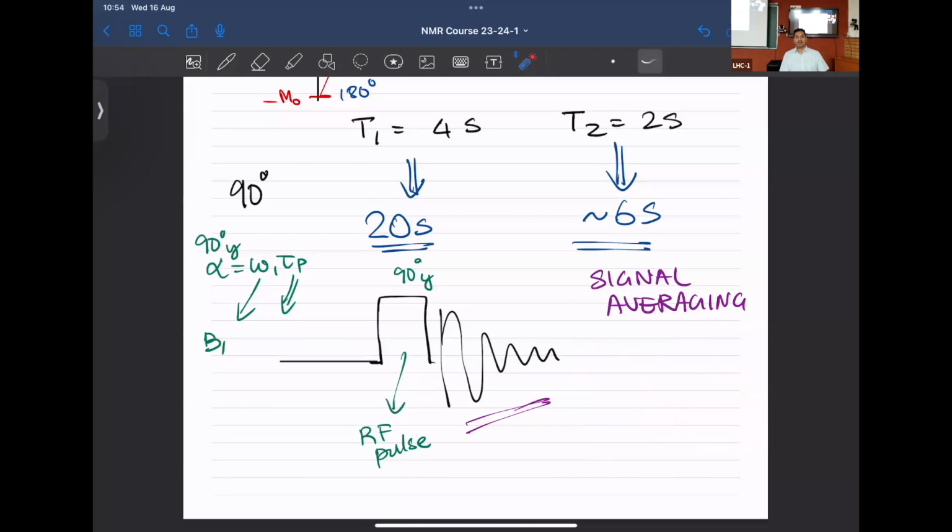Slowly, you start to realize it will die very fast. Within 150 milliseconds, it will die. But for recovery, I had to wait about 3 to 5 seconds. So in most NMR experiments, the pulse is very short. The acquisition is, let's say, 200 milliseconds at best for one-dimensional experiments. Your wait time will be 1 to 2 seconds at least.